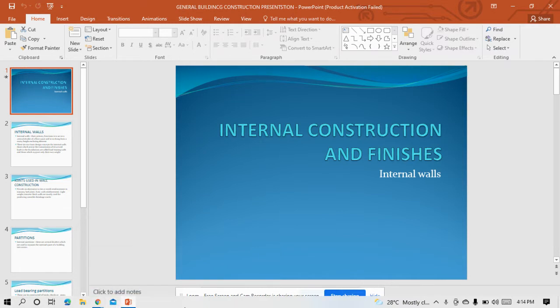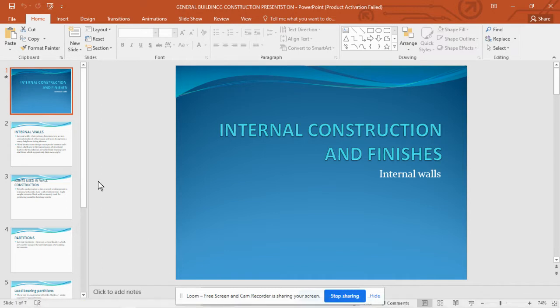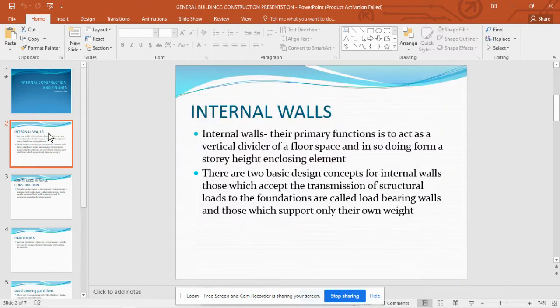Okay, so we are going to talk about internal construction and finishes. Our first subunit is internal walls.